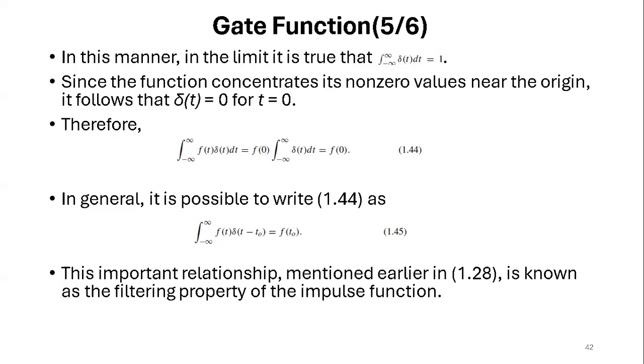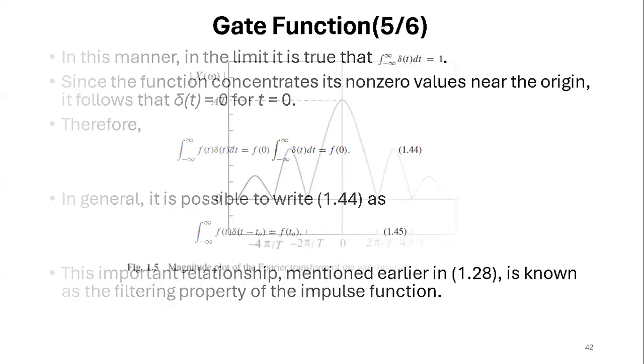This relationship mentioned earlier in 1.2 is known as the filtering property of the impulse function.